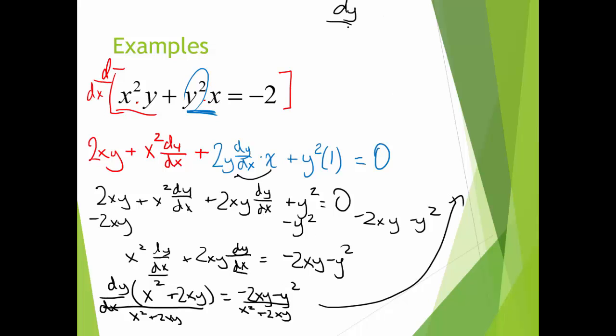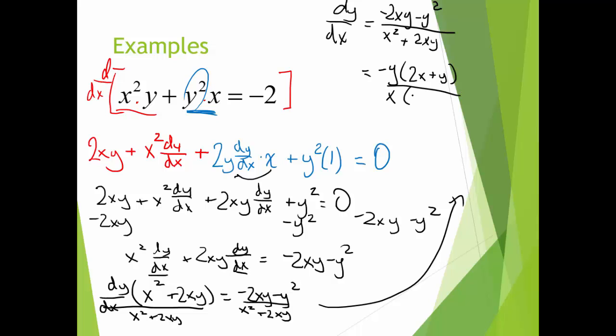My dy/dx, the derivative of that function, can be represented as -2xy minus y squared all over x squared plus 2xy. And if you're a savvy algebra student, you can see that I can do a little factoring. Up top, I can take out a -y and write that as 2x plus y. And on the bottom, I can take out an x and write that as x plus 2y.